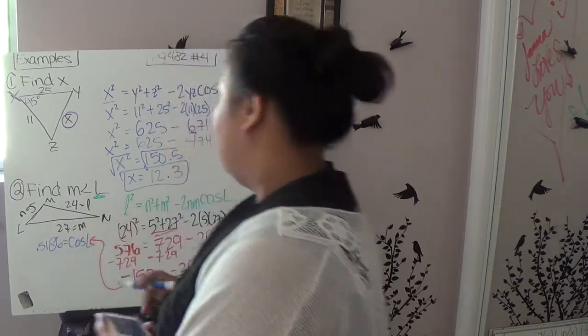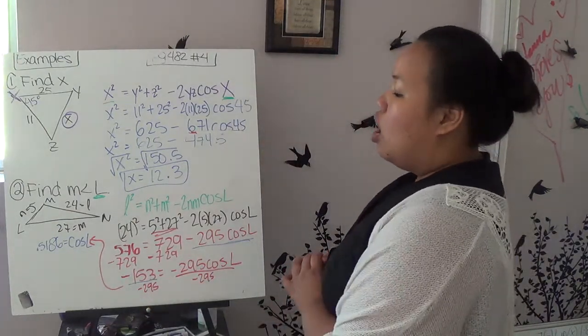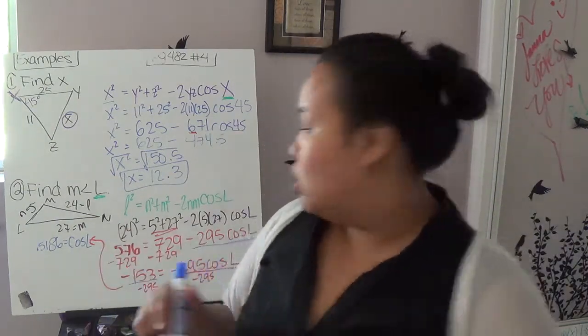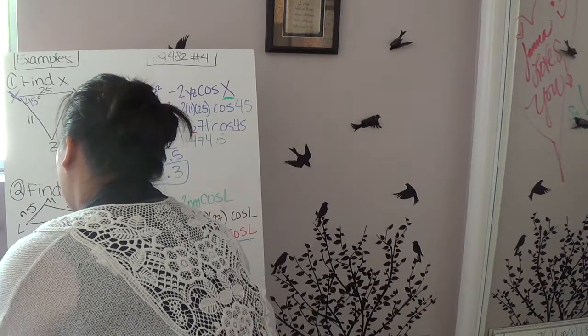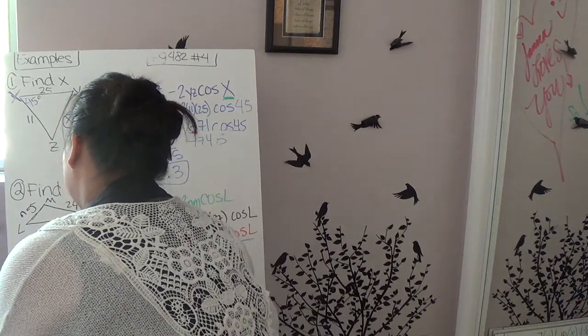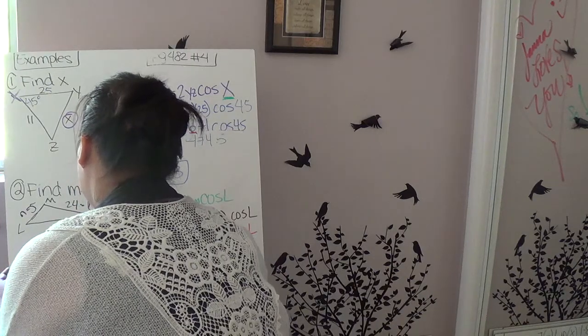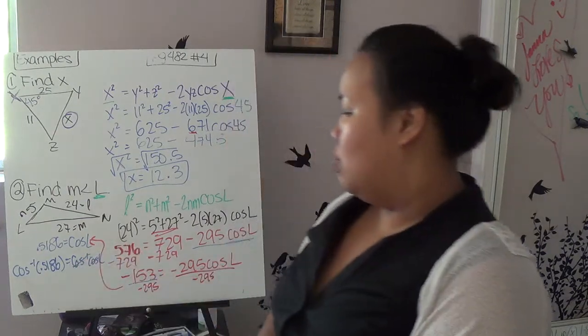Now, I'm not looking for cos of L. I'm looking for just L. And in order for me to get rid of that cos, I have to do cos negative 1. So I have to do cos negative 1 of 0.5186 equals cos negative 1 of cos L. And this cos cancels out.